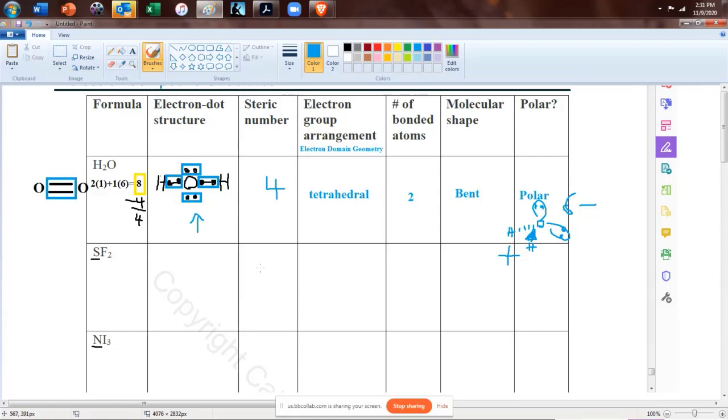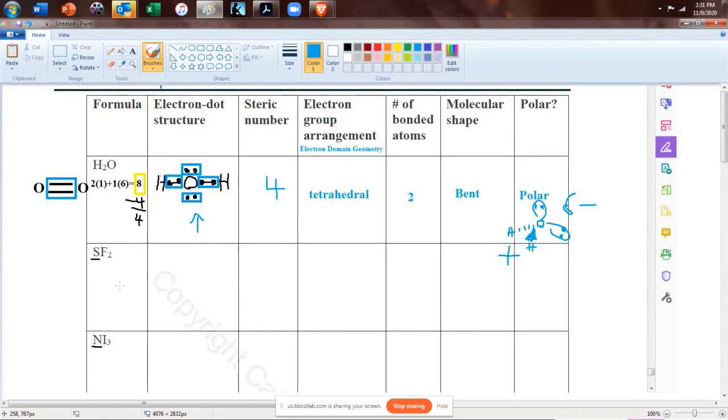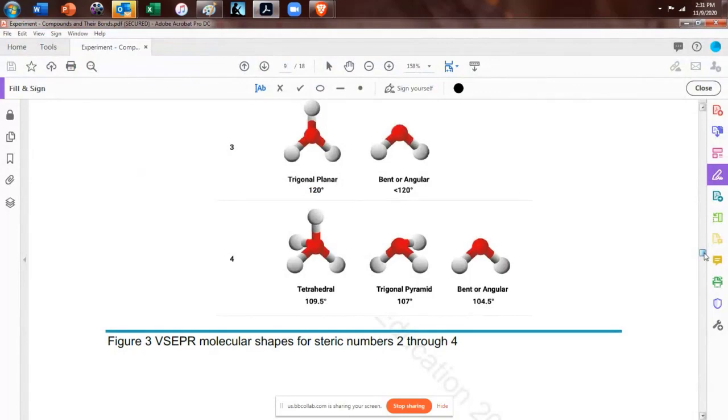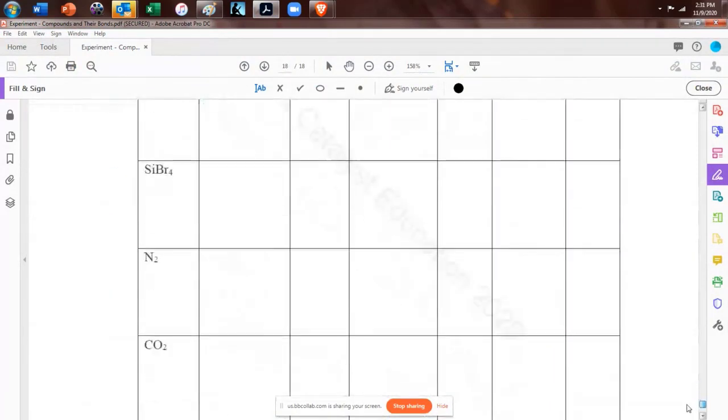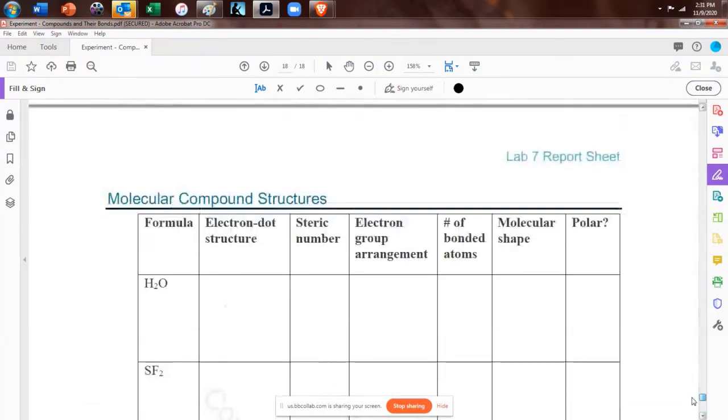Anytime you have one or more lone pairs on the central atom, it's usually going to be polar because of this reason. Like I said, there are very few exceptions, and in this particular table that's shown, there are no exceptions to that. If you go through the 4 domain structures, there are no exceptions.